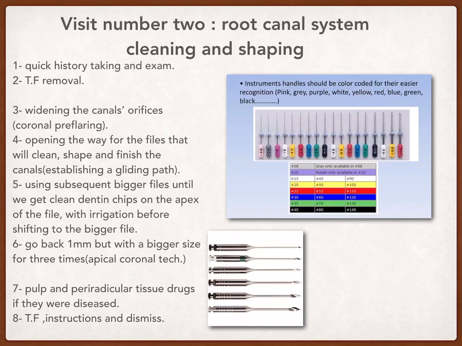So the instrumentation is very important. You should irrigate between the files to prevent the fracture of the files, because the irrigation will make the gliding path and facilitate its happening, and it will also clean the things that you cannot clean, for example the accessory canals, etc.